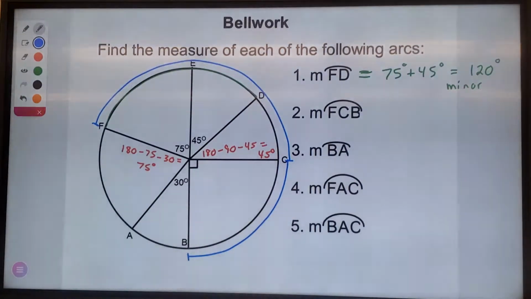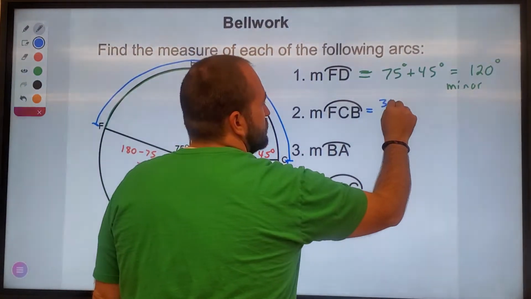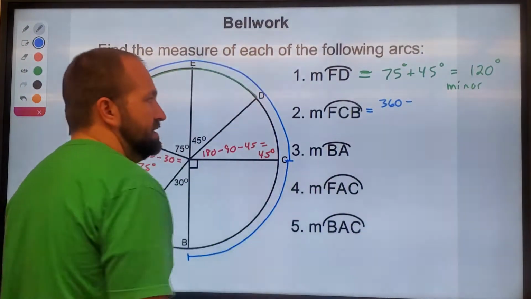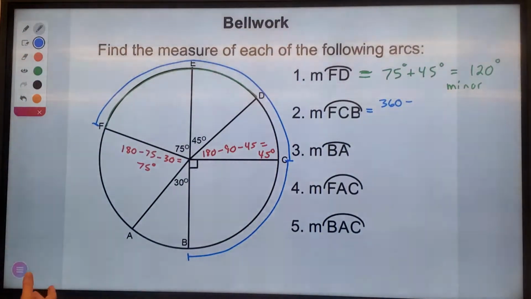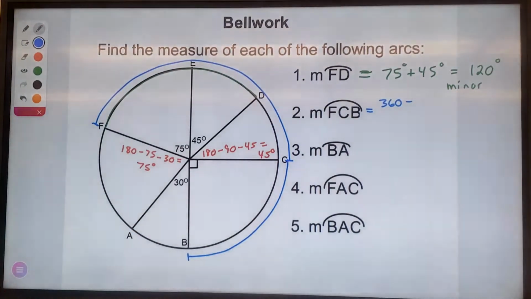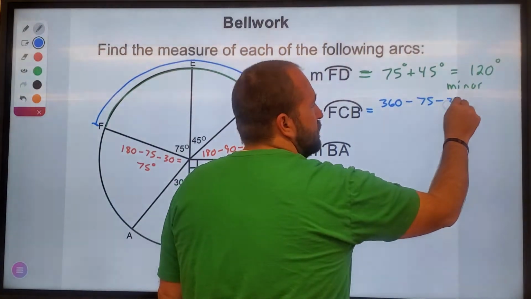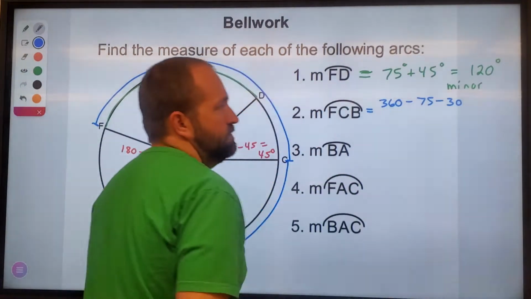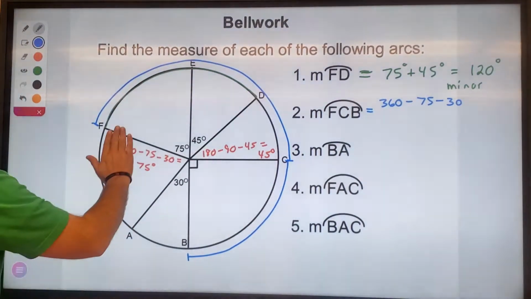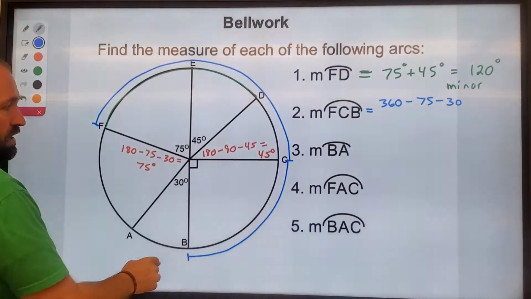Okay, so here again, I have a couple options. Option one is that I can take 360 minus, okay, and 360 because this is the full circle, but I have only two pieces here that are missing from that circle. So I can take 360 minus the 75, minus the 30, or I could then take each of these arcs that are combined to make FCB and add those together.